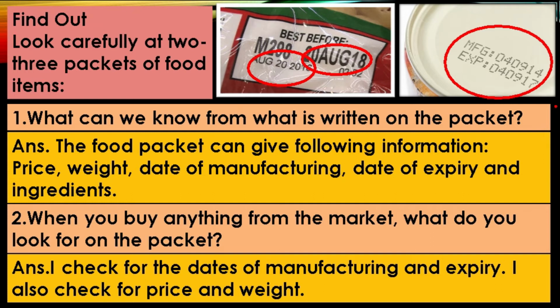In the same way, students, you have to check the manufacturing date and expiry date of 2 to 3 packets of food items. Now let's move on to the first question.